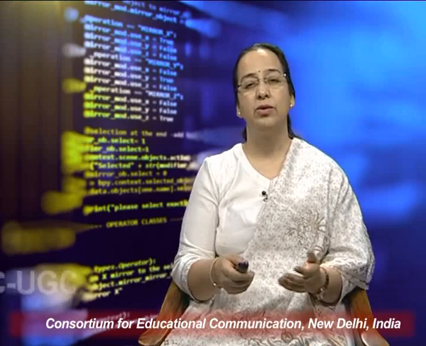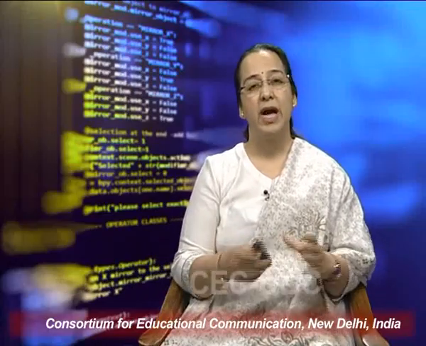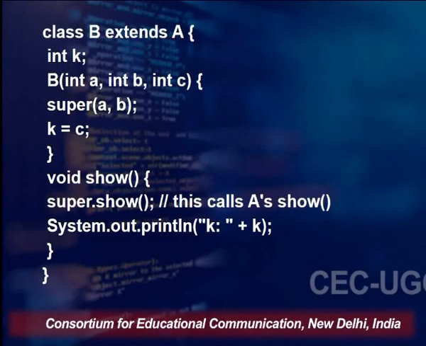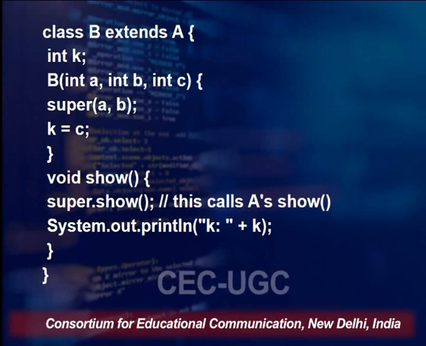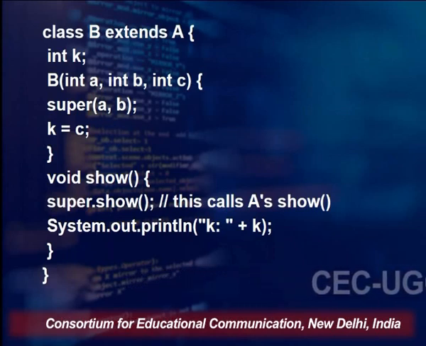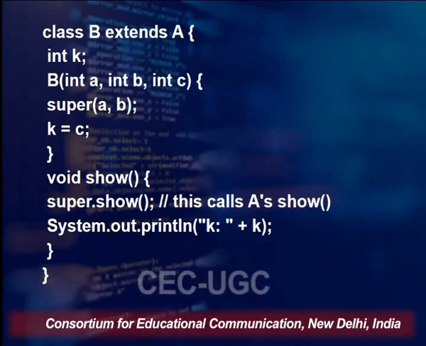Now how it is going to take place, let us see with the help of an example. Class A we are going to keep the same, that means one particular class A in which there are two instance variables i and j, one constructor A and another one the method show, which displays the values of i and j.